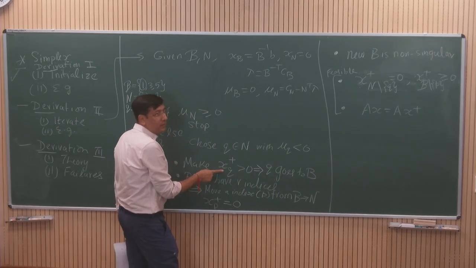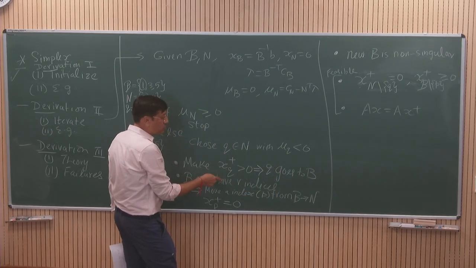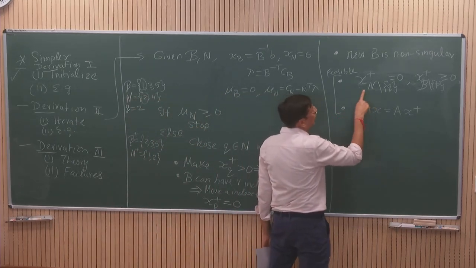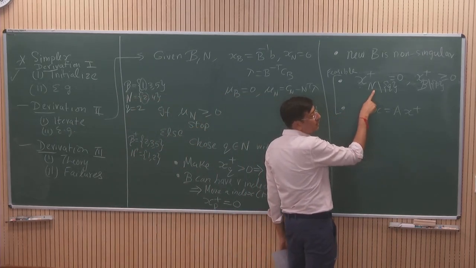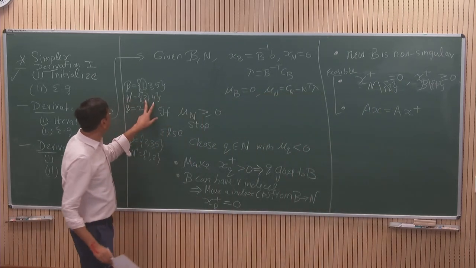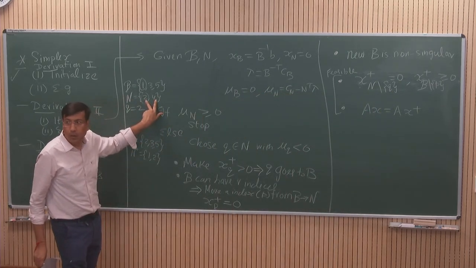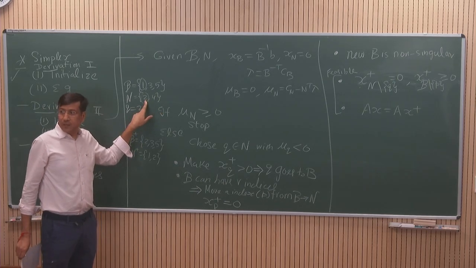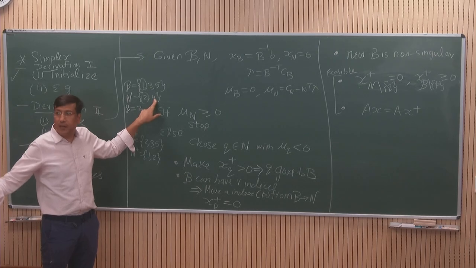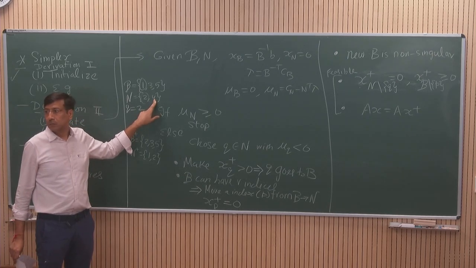We are making it greater than 0, which means that it has to go into the B set, which means that the remaining x components inside the x plus should remain equal to 0. So if earlier the components were 2 and 4 and you made x2 plus greater than 0, then x4 plus should remain 0 so that it remains in the n set. Got it?